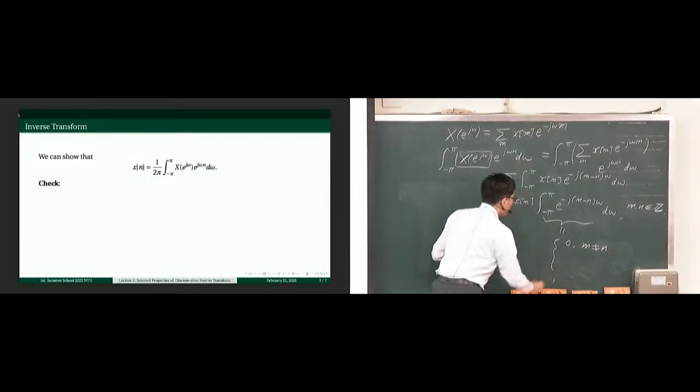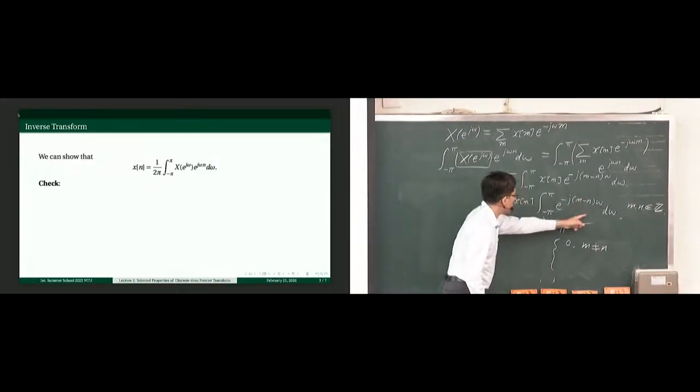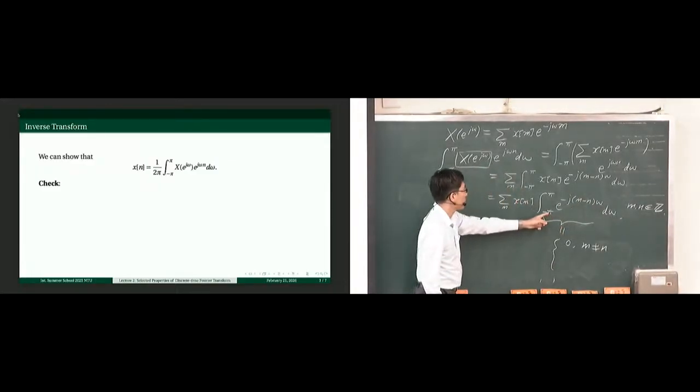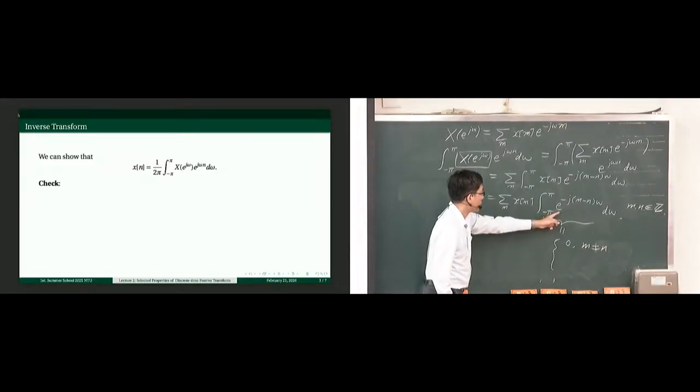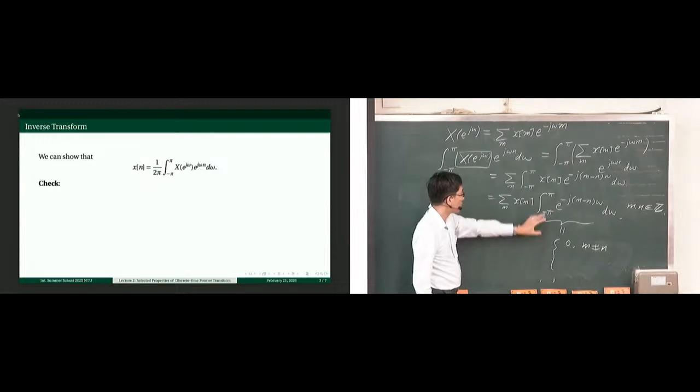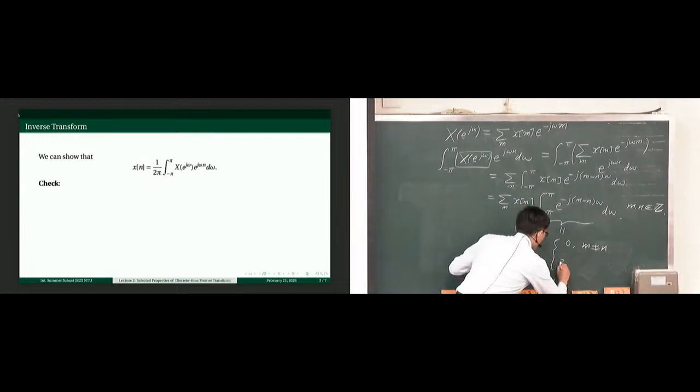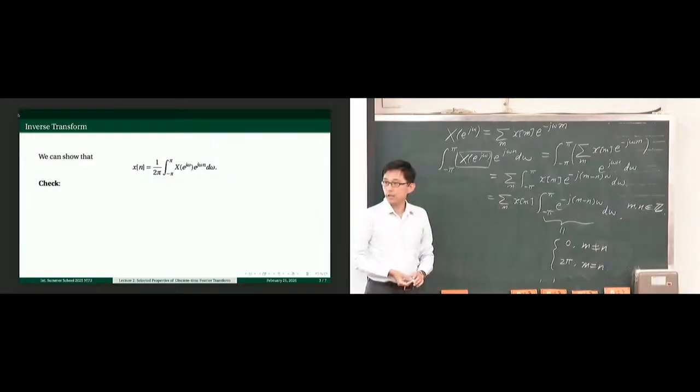It equals 1 inside when m equals n, and if you take the integral of 1 within this interval, the length of the interval is 2 pi. So let me jump to the conclusion: it equals 2 pi when m is equal to n.